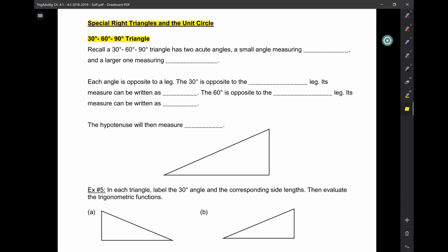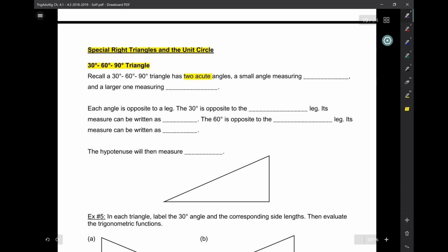So recall what we talked about before. In a 30, 60, 90 triangle, there are two acute angles, right? So you've got one that's 90, and then those other two are less than 90 degrees. They're acute.